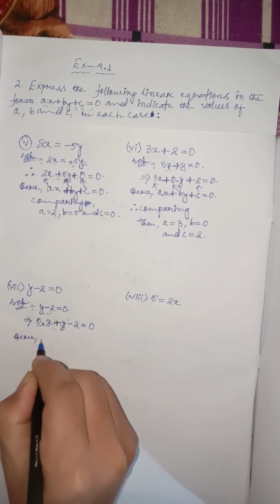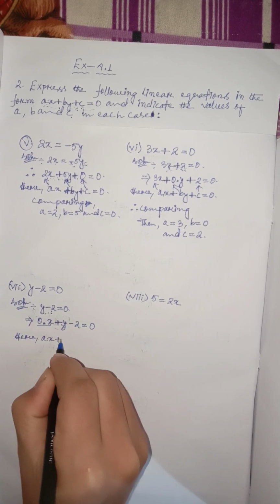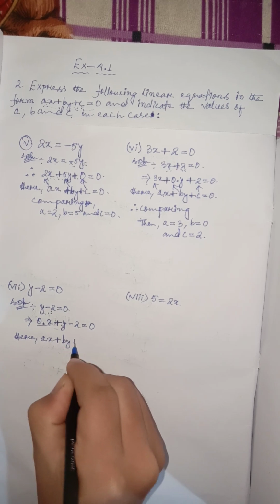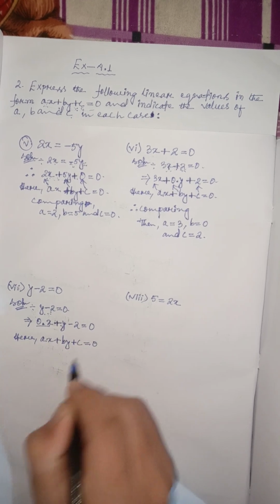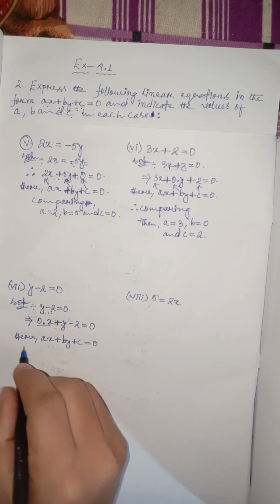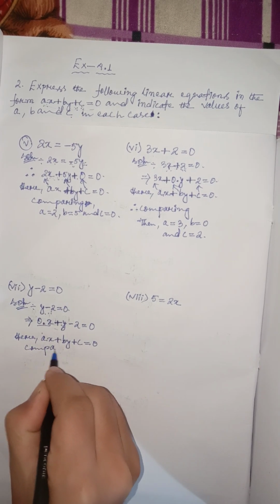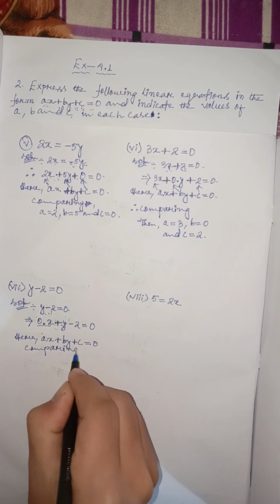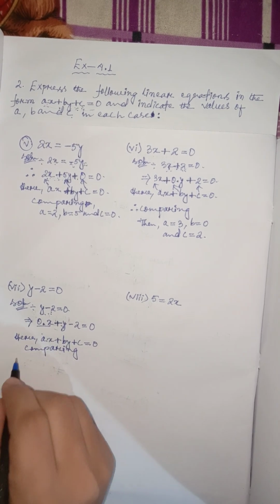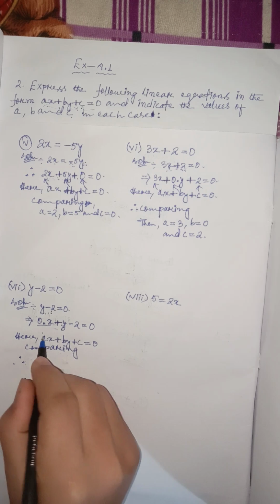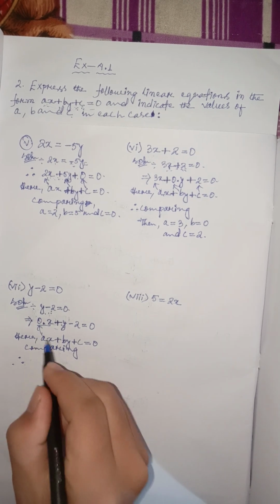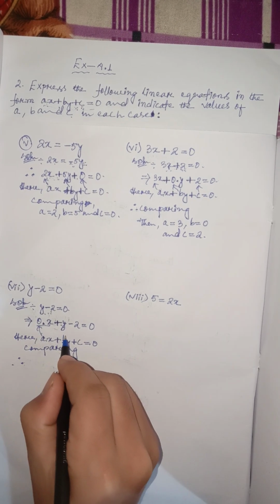Now let us write what the general equation is. The general equation is ax plus by plus c equal to 0. Then let us compare these two. But before this, we have to write comparing. Then what are the things that we compare? First, a value should be 0 and b.